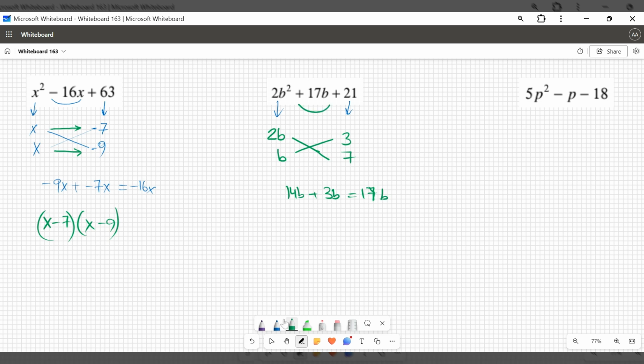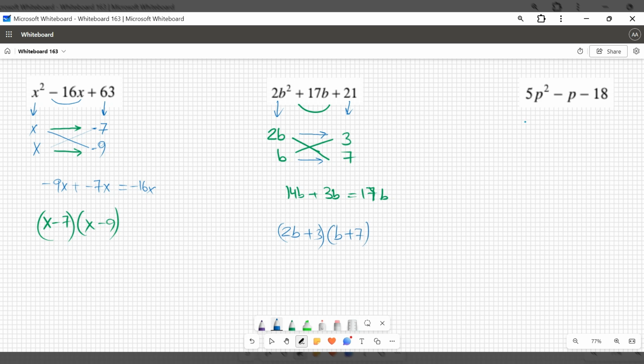Now, if the middle term adds up, the testing is correct. Now you add them across, not cross, guys. I have a few students who keep adding cross. No, cross is for testing. Side by side adding is the final step. 2b plus 3, b plus 7. That's how I factorize.